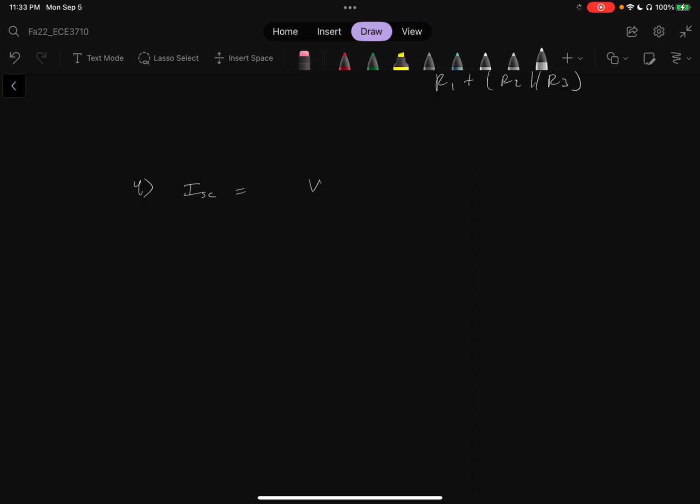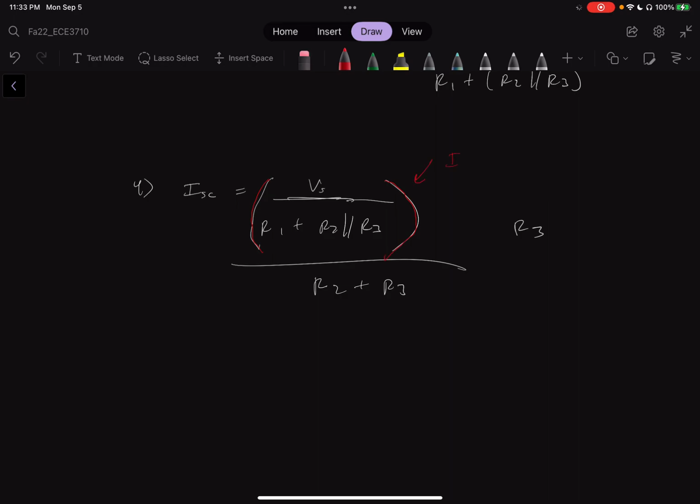ISC is equal to Vs divided by R1 plus R2 parallel to R3, all of that divided by R2 plus R3, and all of that multiplied by R2. The things that are in parentheses, that's IX. And that is ISC.